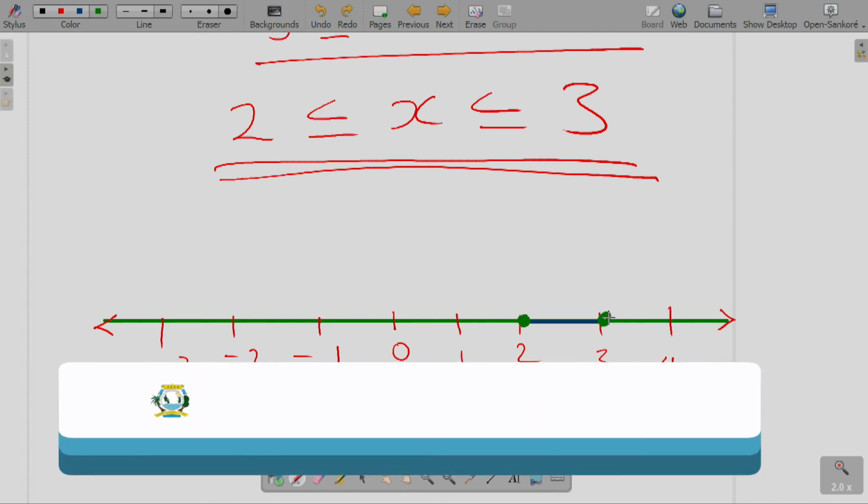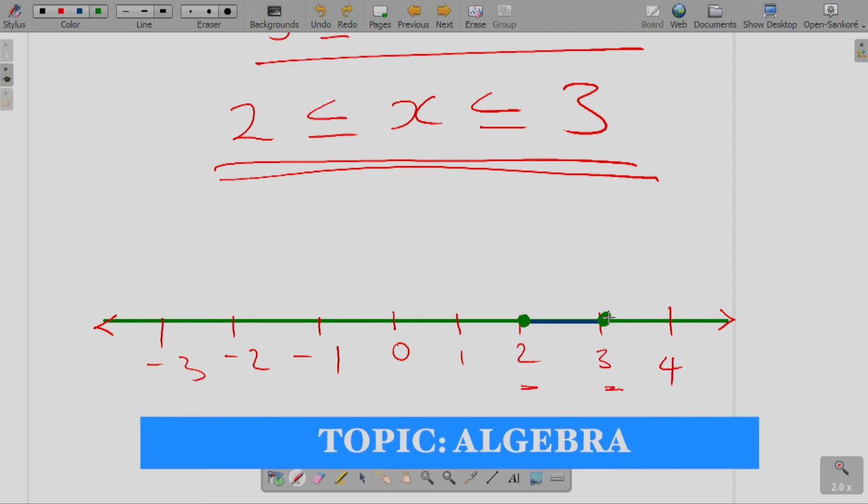So this is how we can show inequality on a number line.